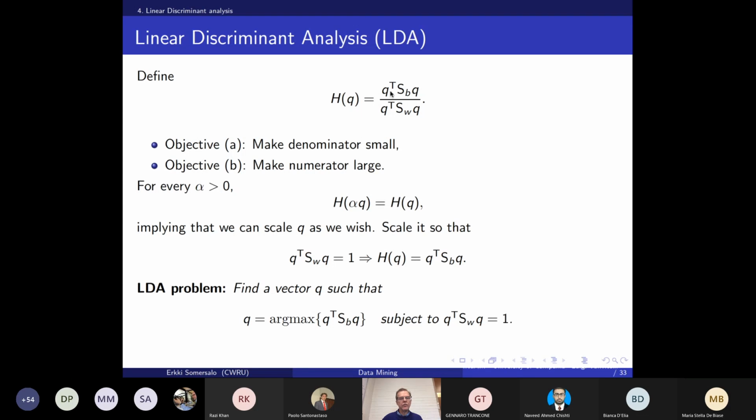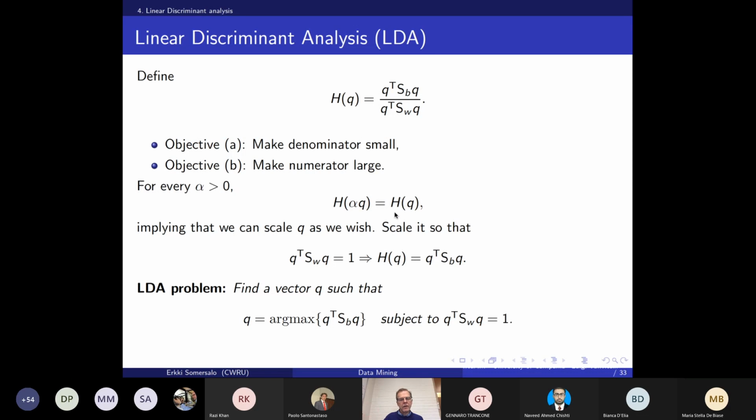If I scale q in the numerator and in the denominator, I get alpha squared divided by alpha squared, and the alpha squared vanishes. That means my h is insensitive to scaling of q. So q can have length 1 or 1000 or whatever, and the h function is always the same. So h depends only on the direction.